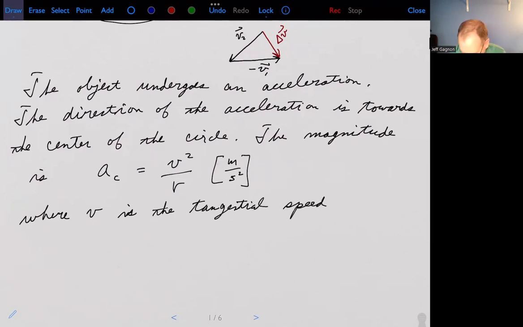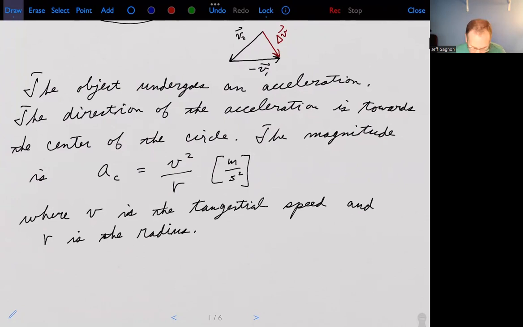And r is just the radius. So r is the radius of that circle. Okay, so if you know those two variables, then you can calculate the magnitude of that centripetal acceleration.